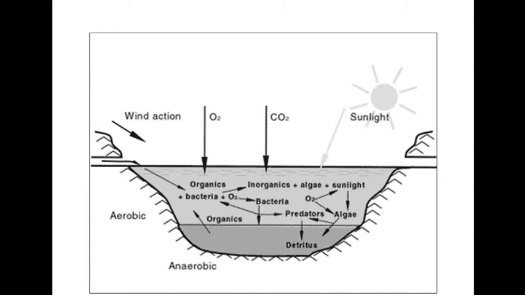First, due to photosynthesis, the algae or plants present in the wastewater, lake, or river utilize the CO2 and release oxygen.